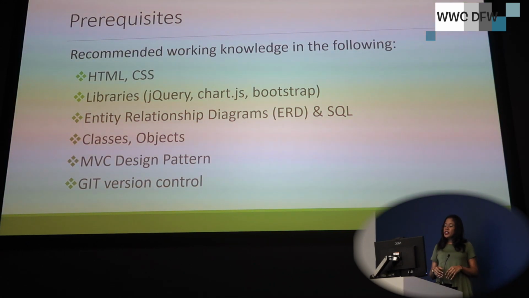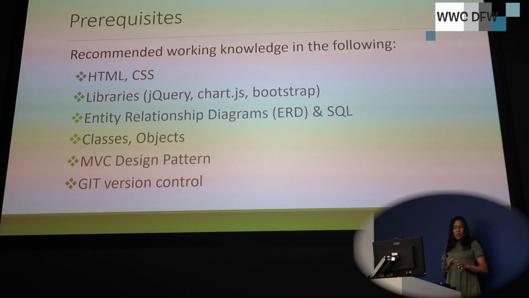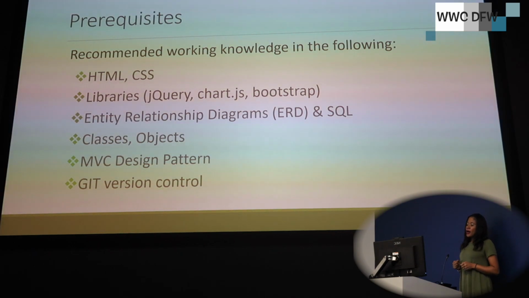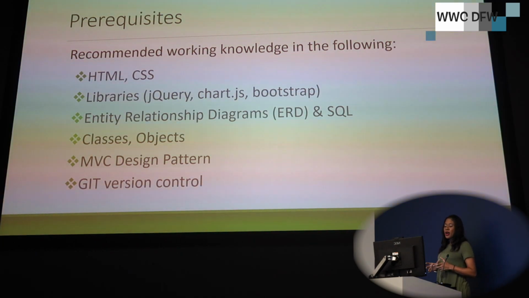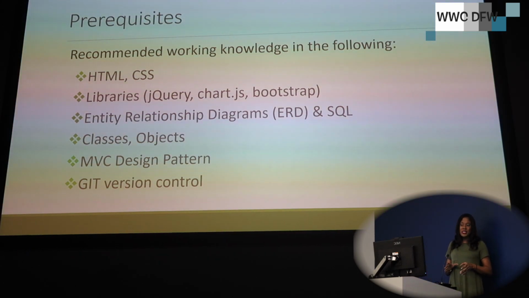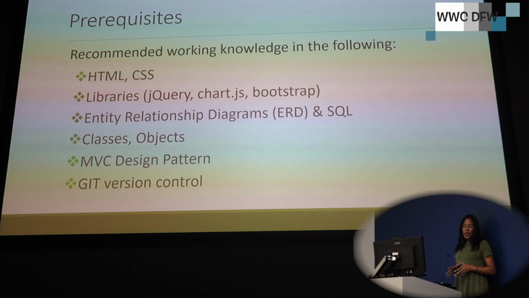The prerequisites, in order to follow along, are that you really need to have an idea about HTML and CSS, be a little familiar with working with a variety of JavaScript libraries, and know a little bit about entity relationship diagrams. I'm going to walk you through that process, but I'm not going to go into the key concepts of a data model.